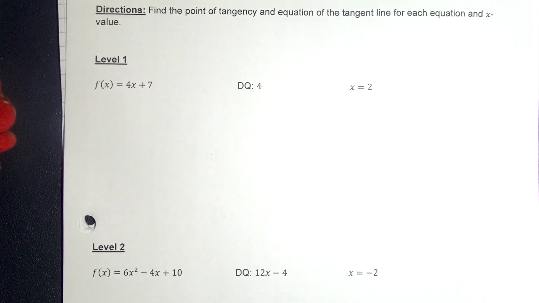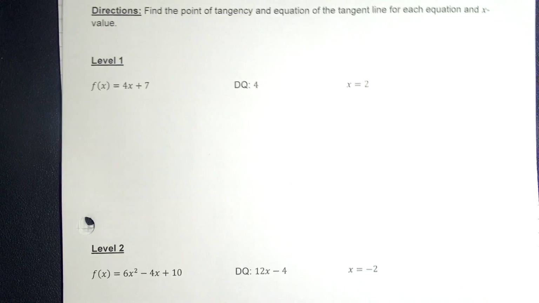We cannot assess you separately. If you mess up on the difference quotient, but you're doing the point and the line right, you will get your credit for the point and the line and then whatever credit you have for the difference quotient. So if you get a 1 on the difference quotient but do perfectly on the other 2, you'll get the higher grade on the other 2. Does that make sense?